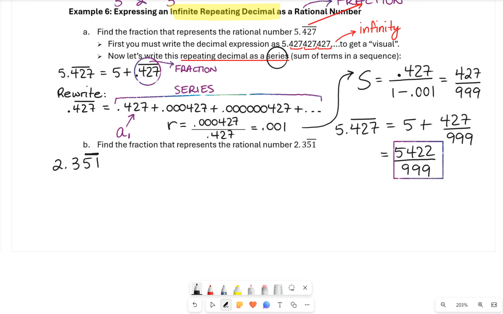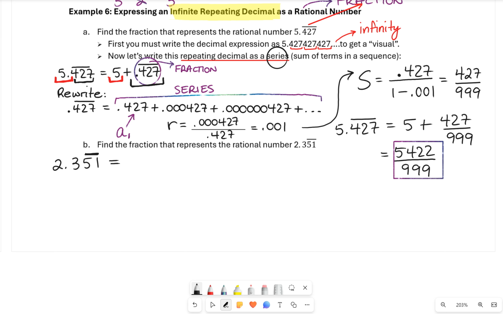So first you rewrite it as a sum of two terms. Notice in part A, we first wrote the non-repeating part. See that here? That was non-repeating. And then the second part was the repeating part.